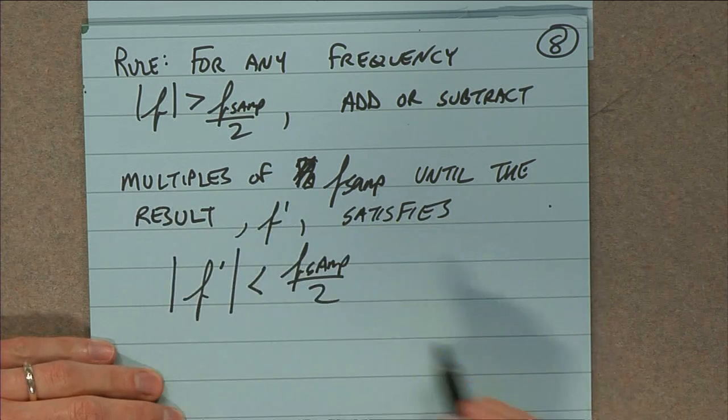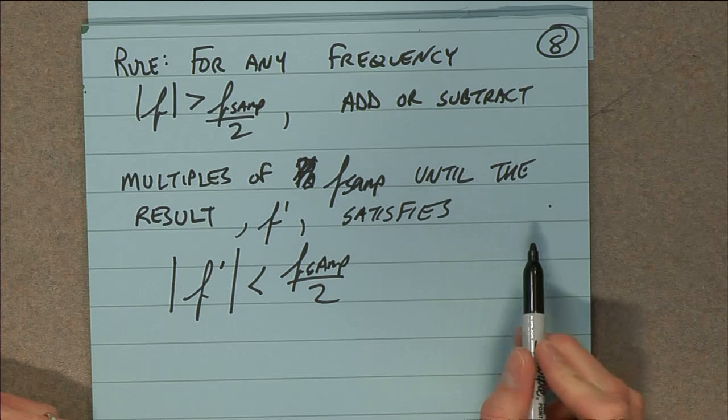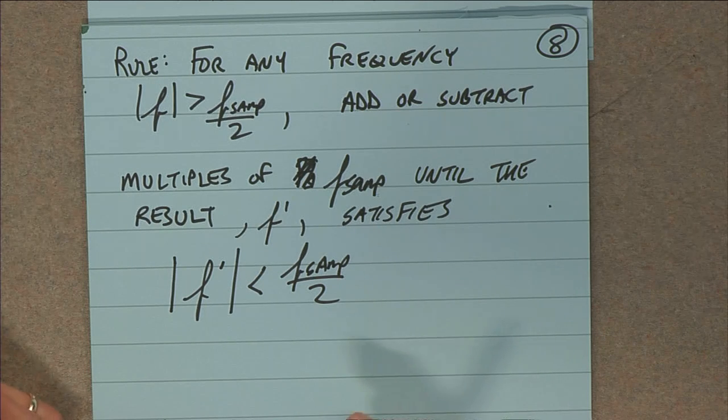And these multiples could be 1, 2, 3, 4, whatever. And this is kind of equivalent to adding and subtracting and shifting it by the sampling frequency or by 2 pi in the discrete time domain.